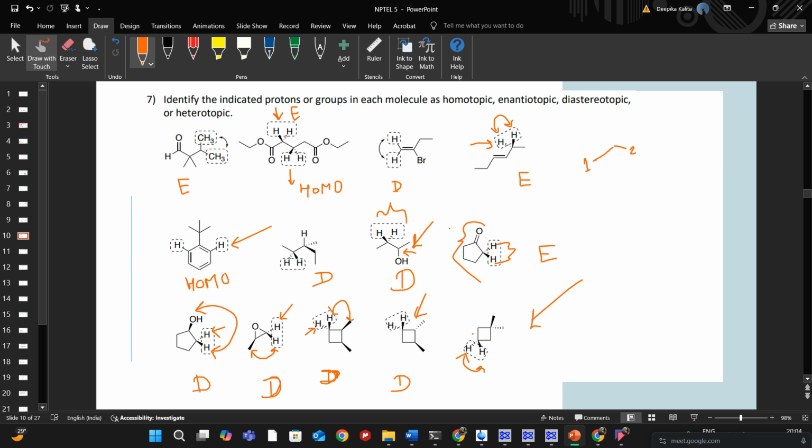Okay, and both these two substituents are identical, hence replacement will not lead to enantiomers, rather they will give identical structures of the molecule. Hence, the last pair of protons are going to be homotopic.